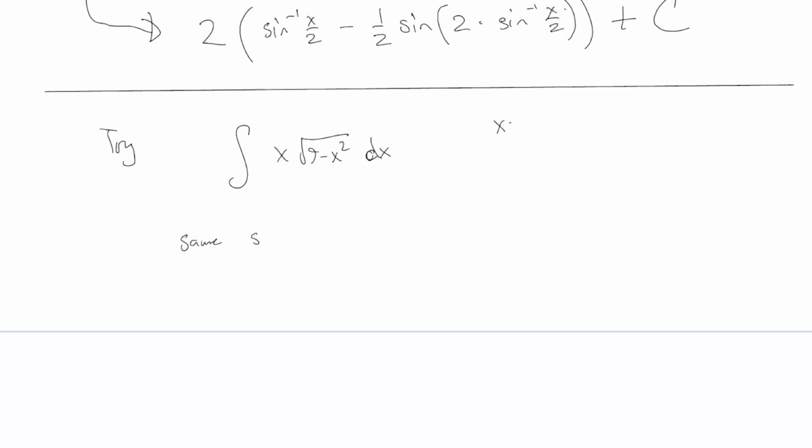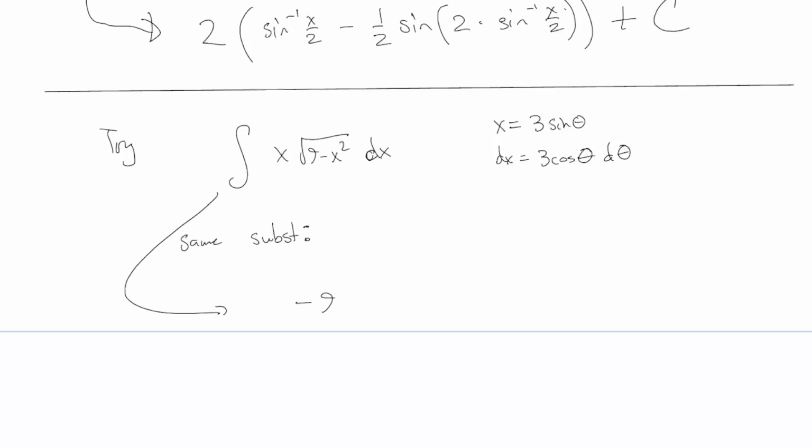I should write what was the substitution. It was x equals 3 sine theta, dx equals 3 cosine theta d theta. All right, and we do the same substitution, and eventually it ended up with, I'm going to look at my paper here. You should have this on your paper too.